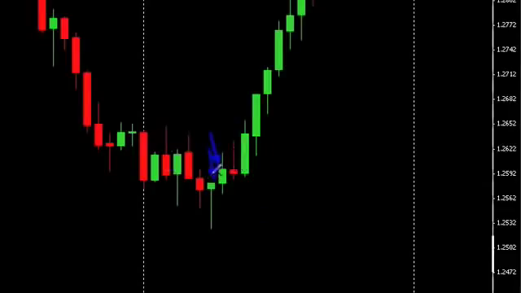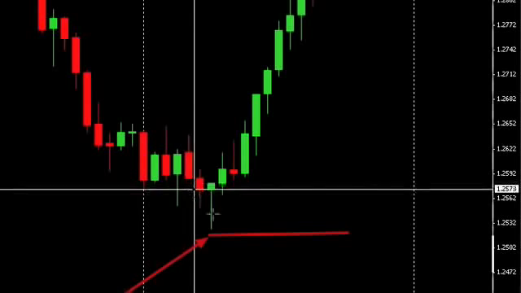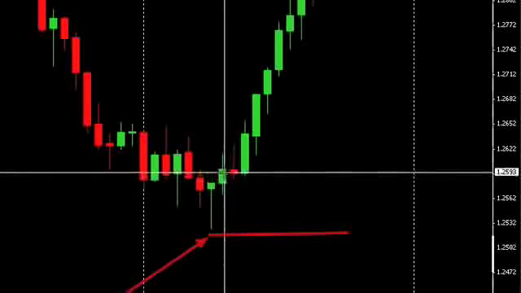Now that's getting in. What about setting stop losses? You would place a stop loss a few pips below the tail, and you would let that be. Money management rules will tell you that if this is where I place my stop loss and I get into this trade, it's possible that I could lose.